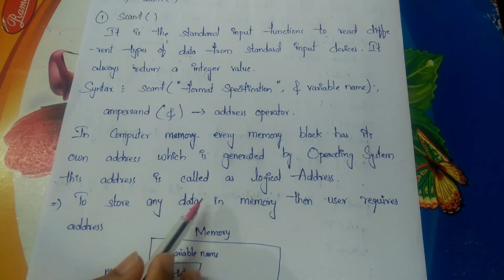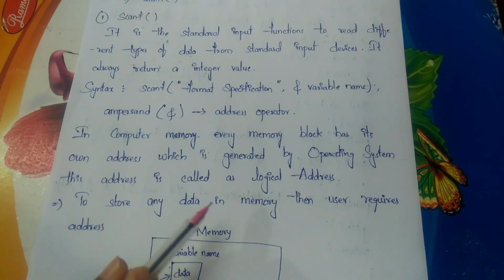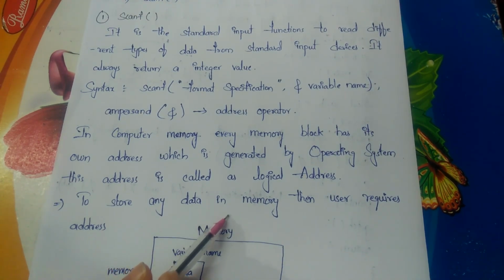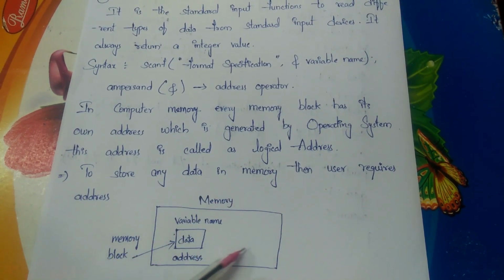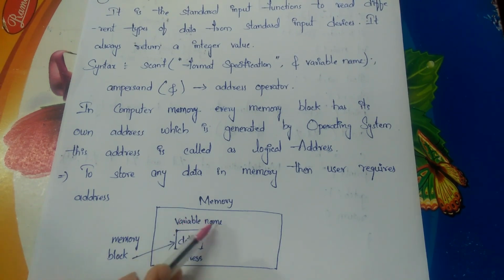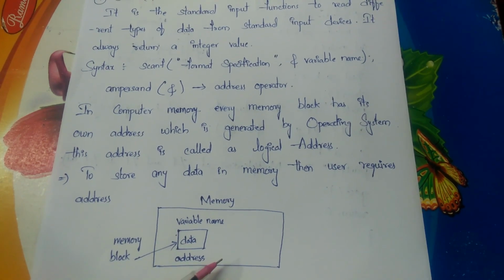To store any data in memory, the user requires the address. Whatever data we want to store in memory, it has a memory block with the variable name, the data is stored within it, and below it is the address.